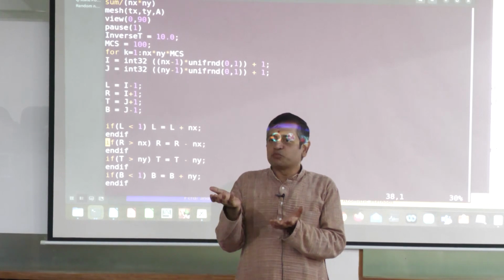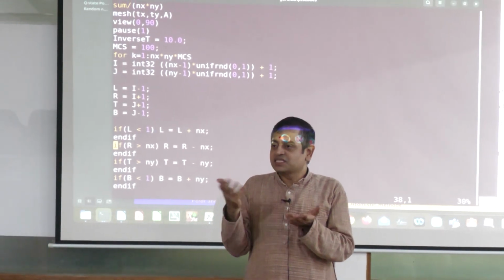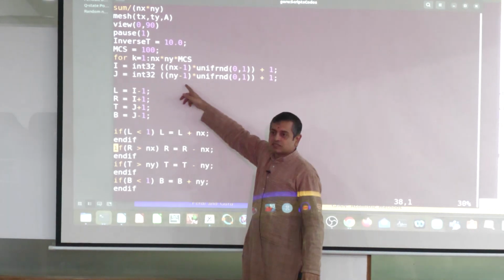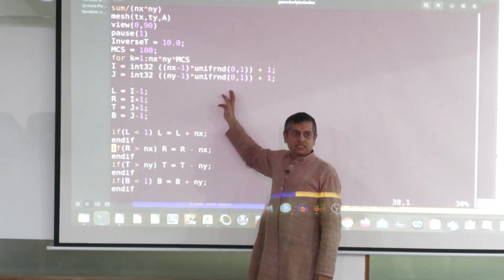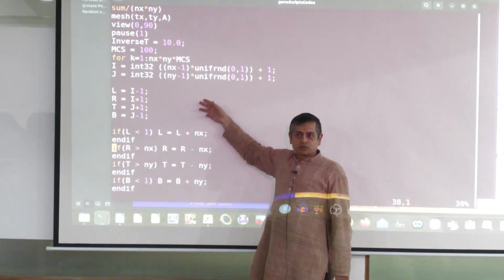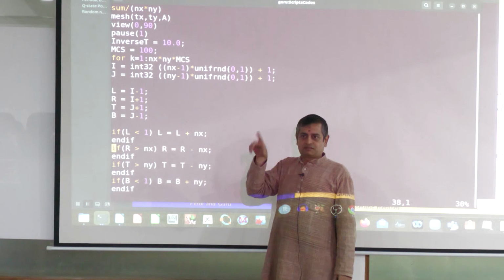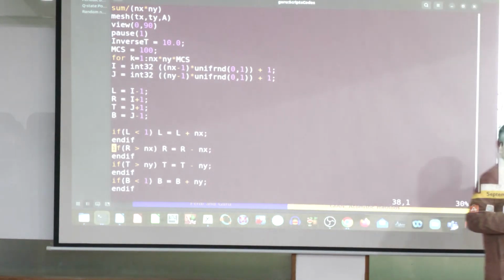So, I am picking a random point between 1 and 64. Similarly, I am picking another point between 1 and 64 in this case, because nx and ny happen to be the same. So, I am picking a random coordinate, a random lattice point, random x and y.